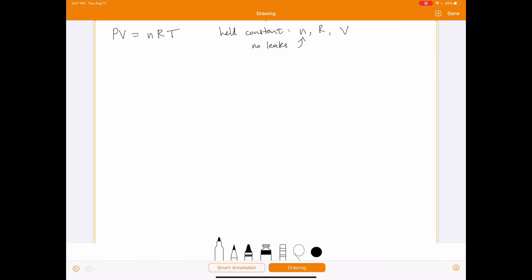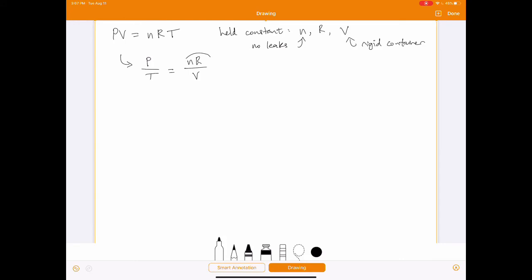And then V, the volume of the container, also doesn't change because it's a rigid container, and that means it can't expand or contract. So therefore, we can rearrange the ideal gas law to say P divided by T is equal to nR divided by V. That's a way you can rearrange the equation.